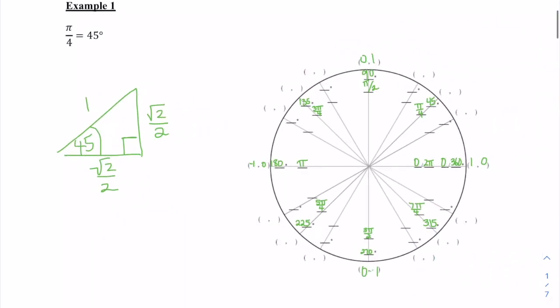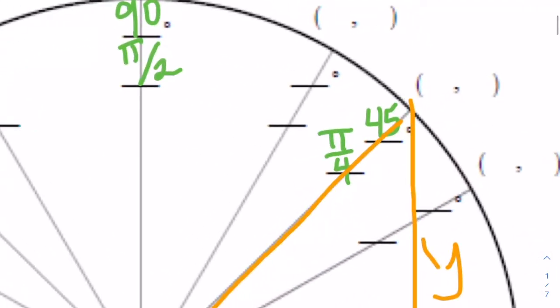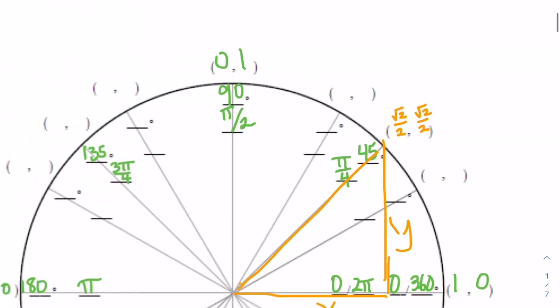So if I draw this triangle here, and I'm just going to draw it with a different color, you can see pretty clearly that the x value of the coordinate would match the adjacent side to that angle, and the y value of the coordinate would equal the opposite side. So when we write this as a coordinate, well, this would be root 2 over 2, root 2 over 2. So we're in the first quadrant here.